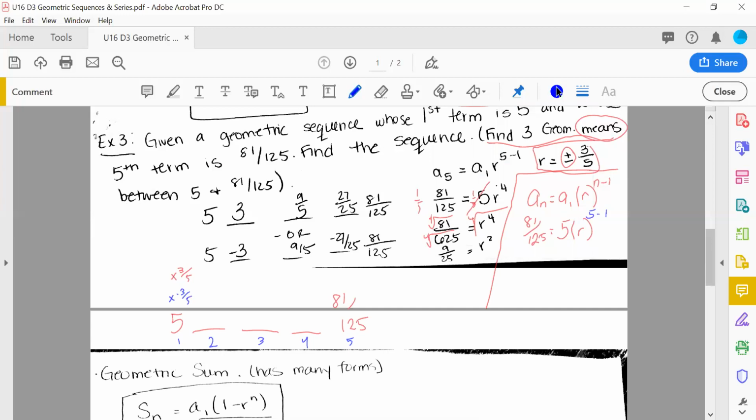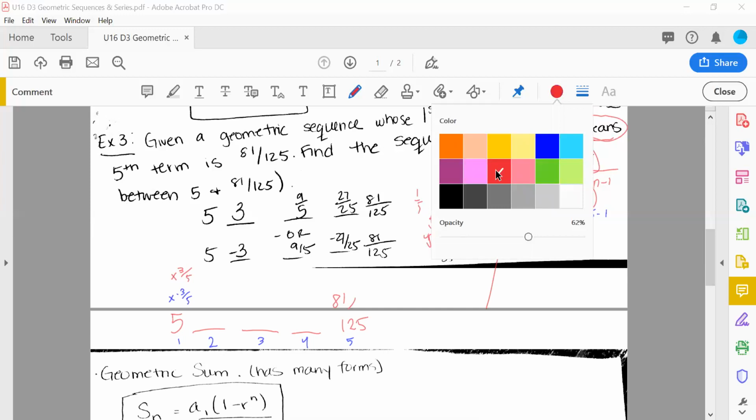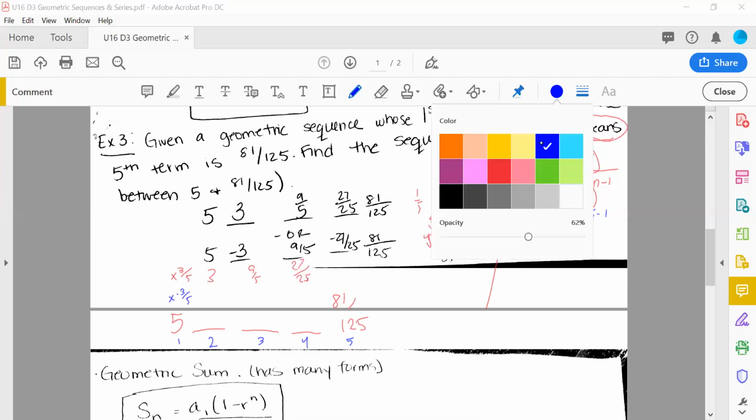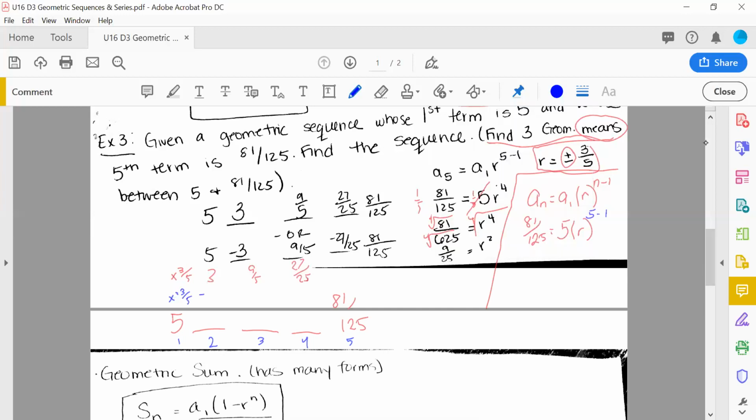And if you multiply by 3/5, you're going to get, 5 times 3/5 is 3. 3 times 3/5 is 9/5. 9/5 times 3/5 is 27 over 25. Okay. Then if you multiply by -3/5, and that's a negative right there, you'll get 5 times -3/5 is -3. -3 times -3/5 is positive 9/5.